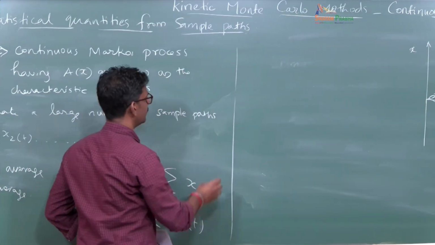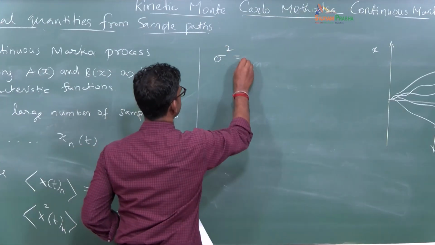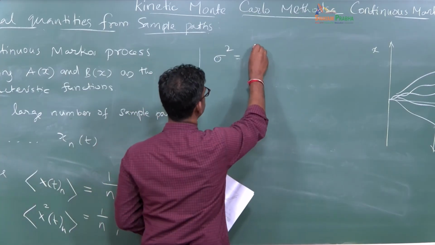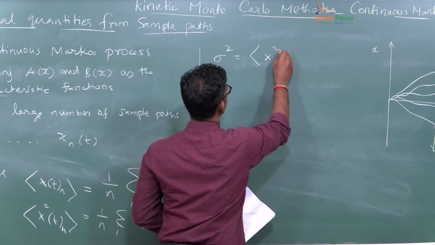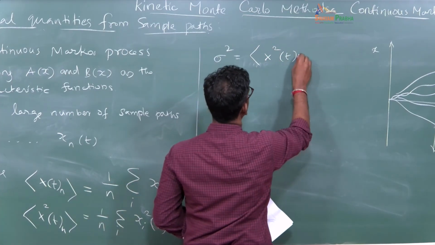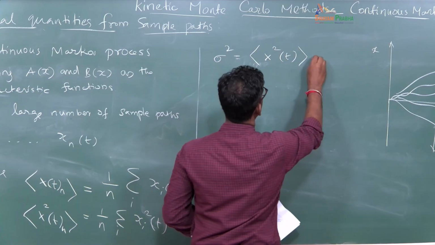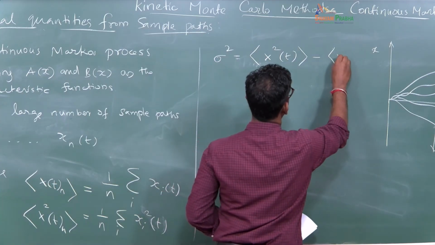Now we can write the variance as the second moment minus the square of the first moment.